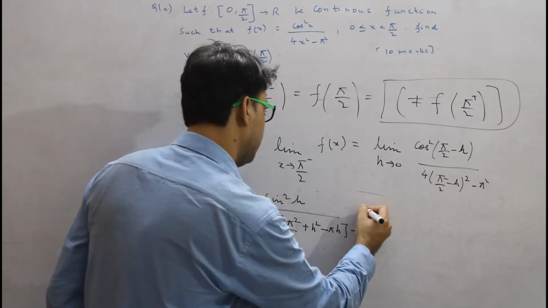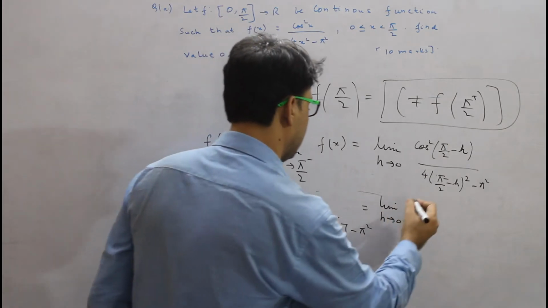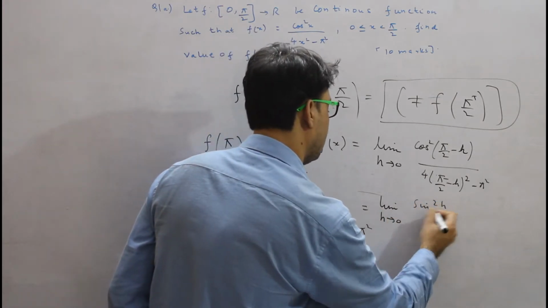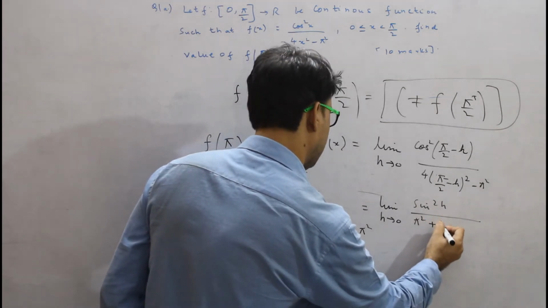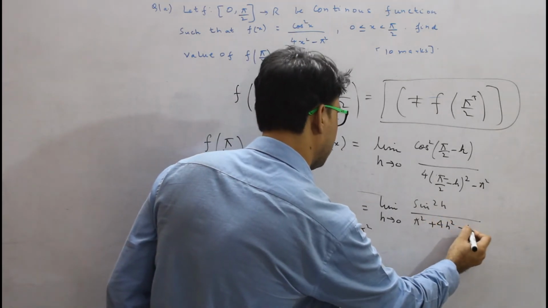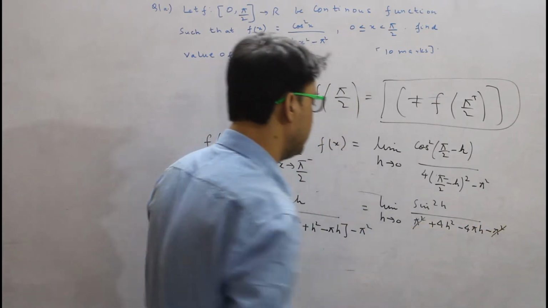So this gives me limit h tends to 0 of sine square h upon pi square plus 4h square minus 4 pi h minus pi square. So this gets cancelled.